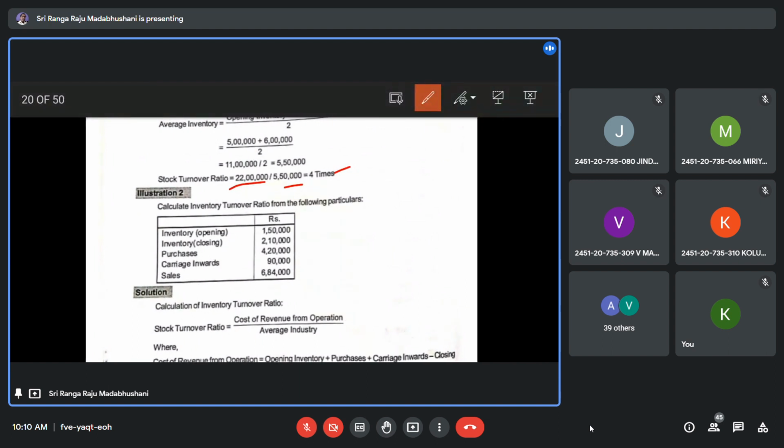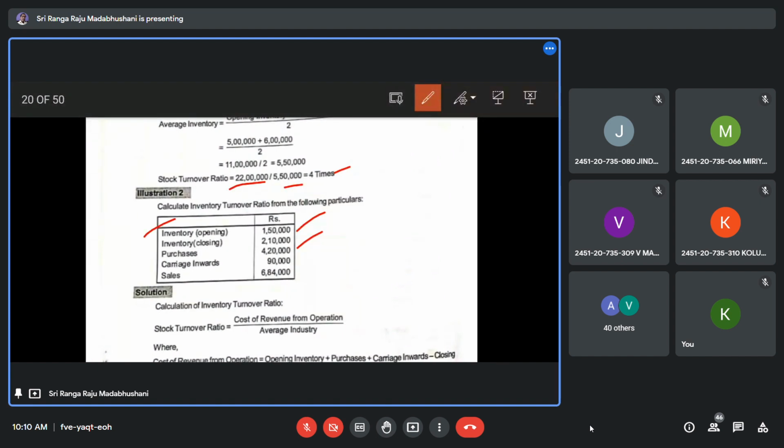The next one, calculate. It is somewhat clear, somewhat expanded. In the earlier one it is given directly, here it is given in more detail. Opening and closing inventory, purchases, carriage. You have to find out the cost of goods sold, the cost of revenue.